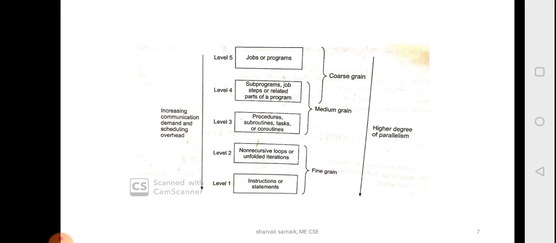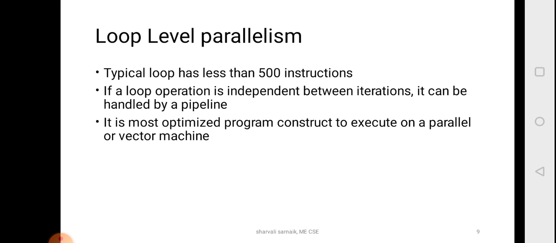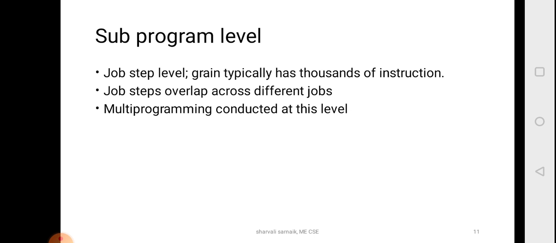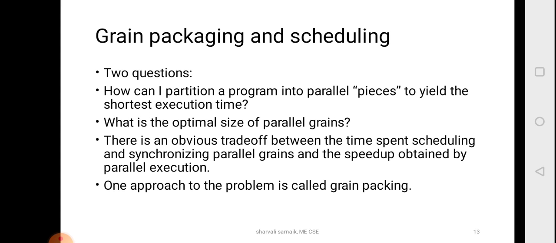We have seen which instructions come under fine grain, medium grain, and coarse grain. The higher the grain size, the lesser the parallelism. We saw instruction level, loop level, procedure level, subprogram level, and job and program level parallelism. These are the five types of parallelism.